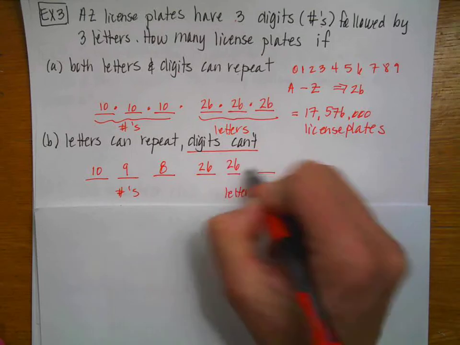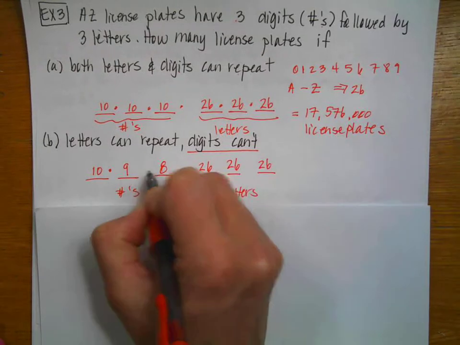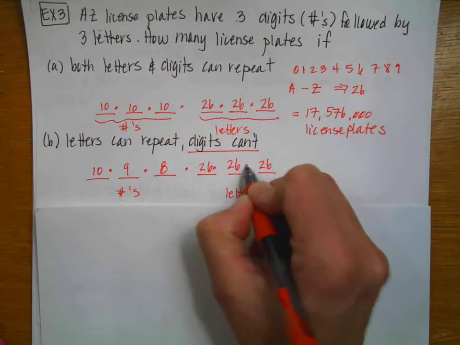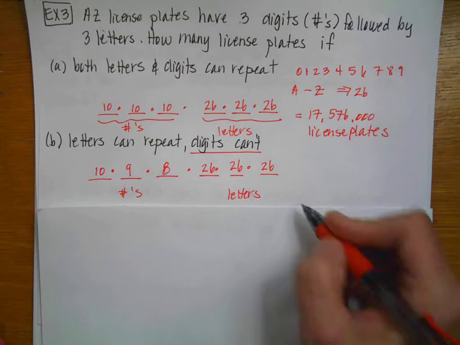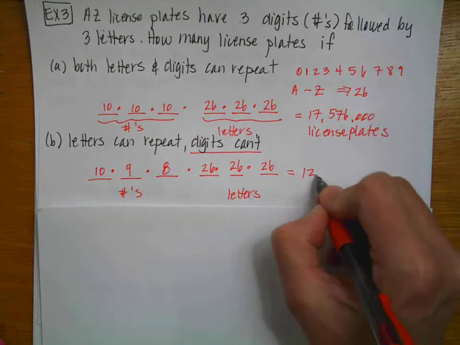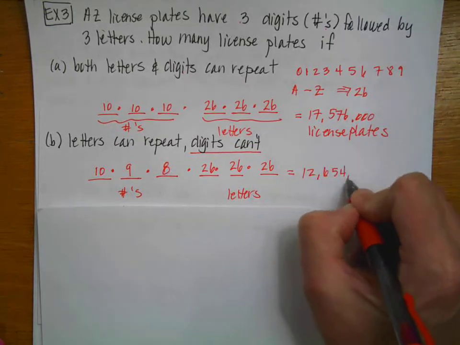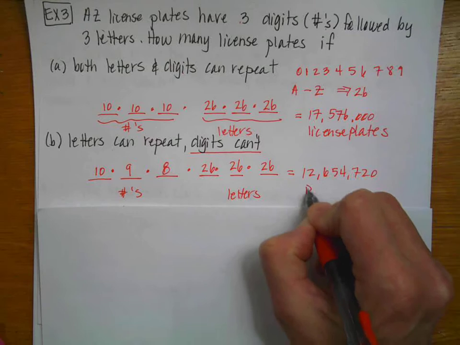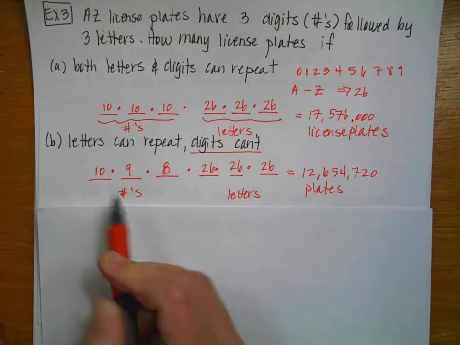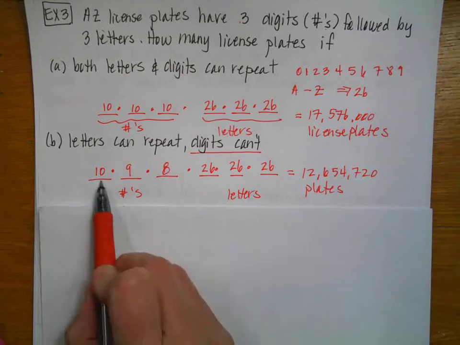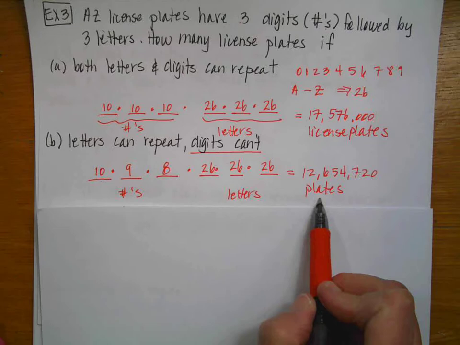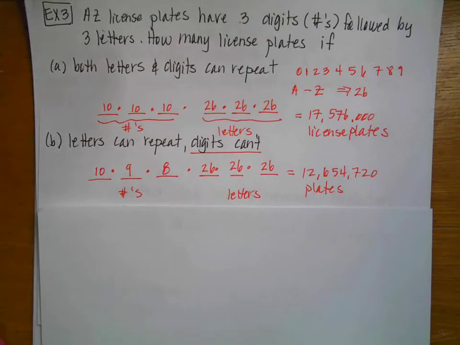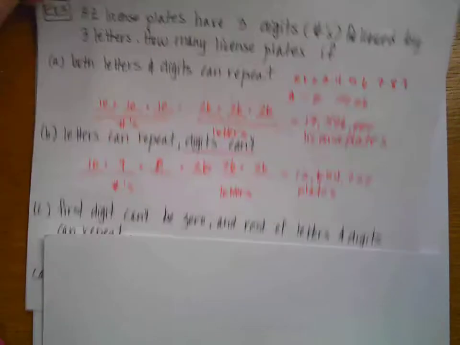And then it says the letters can repeat, so this is 26, 26, and 26. And again, all of those numbers are multiplied together. And when you do this, you're going to get 12,654,720 plates. Okay? So you can see by saying that the digits can't repeat, that reduces the number of plates that I have available.